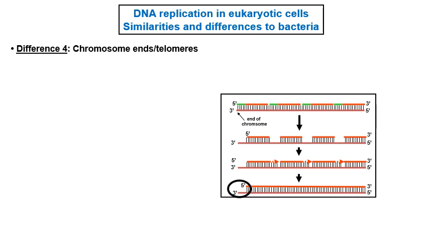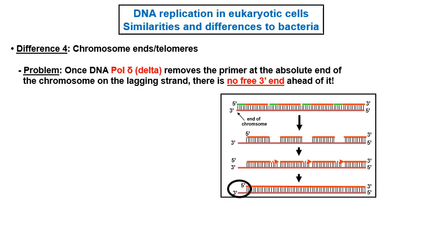So now looking here at your linear DNA, again, you're going to have several start points, and you're going to have issues when you finish the replication of the linear DNA.